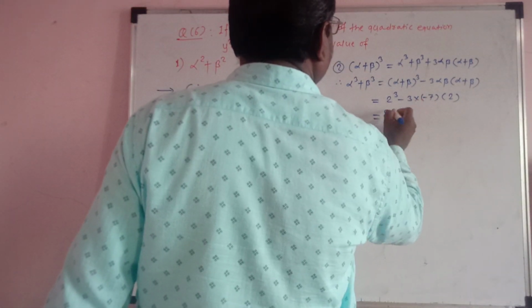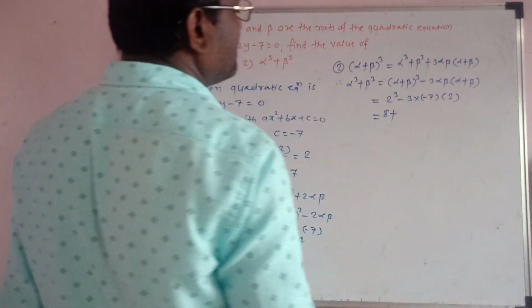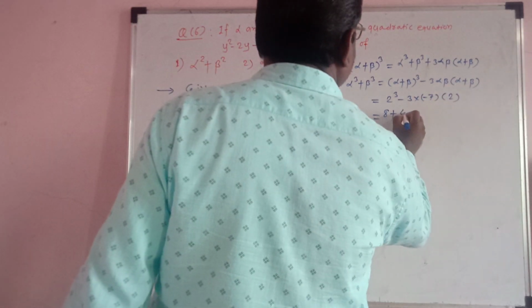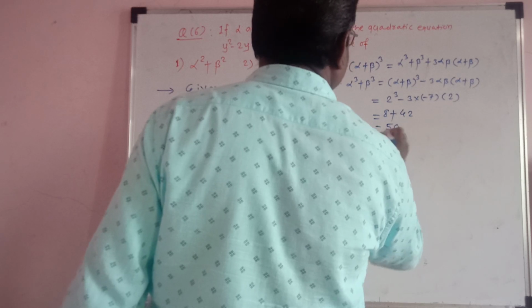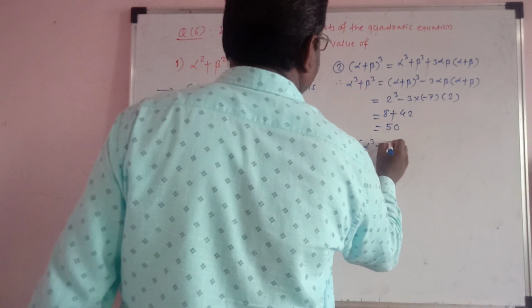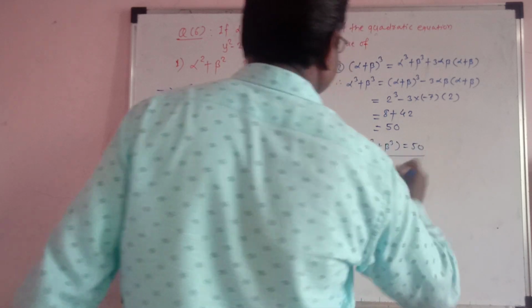Now this minus minus will be plus and 7 3s are 21. 21 into 2, that is 42, and 8 plus 42 is 50. Therefore we get alpha cube plus beta cube is equal to 50 here.